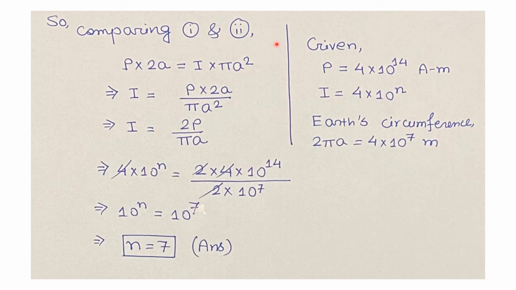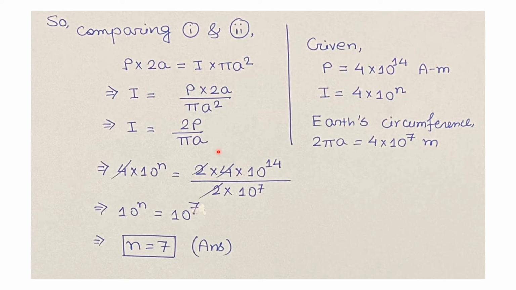Equation 1 was magnetic dipole moment equals P times 2a, where P is the magnetic pole strength, and for the current carrying loop the magnetic dipole moment is I times pi a squared. So we equate the two equations and get P times 2a equals I times pi a squared. From here I equals P times 2a divided by pi a squared, so I equals 2P divided by pi a.